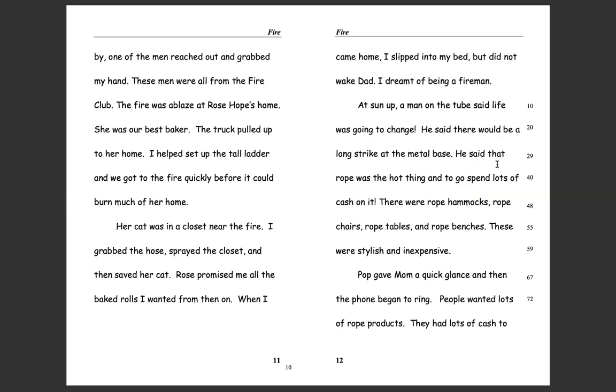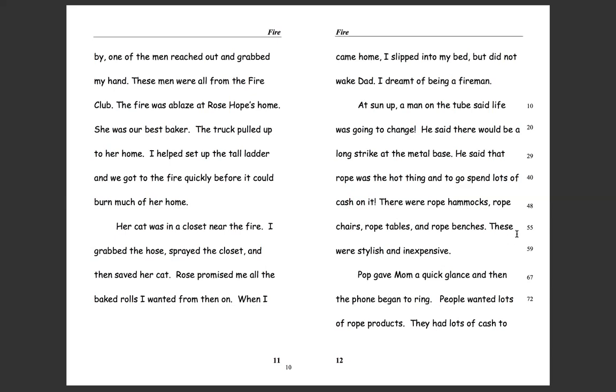He said that rope was the hot thing and to go spend lots of cash on it. Then there were rope hammocks, rope chairs, rope tables, and rope benches.